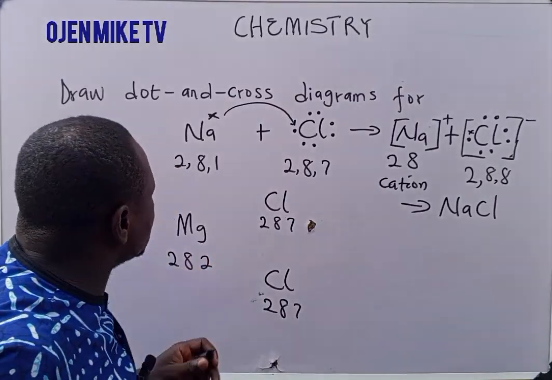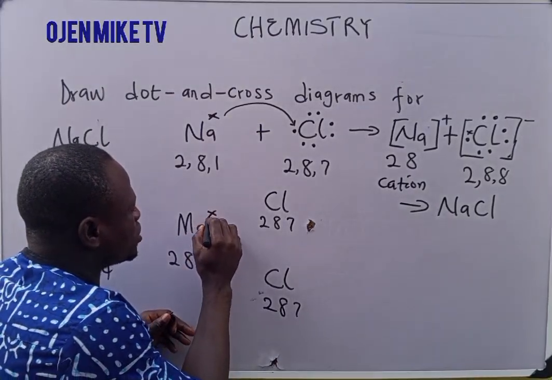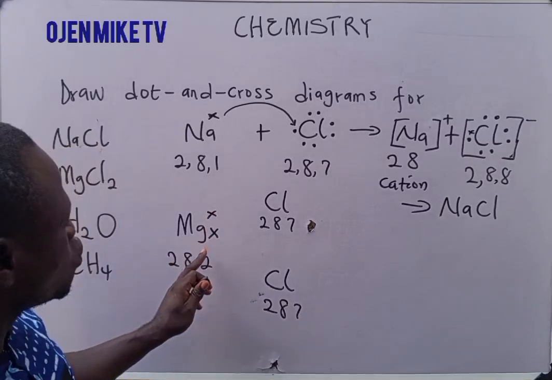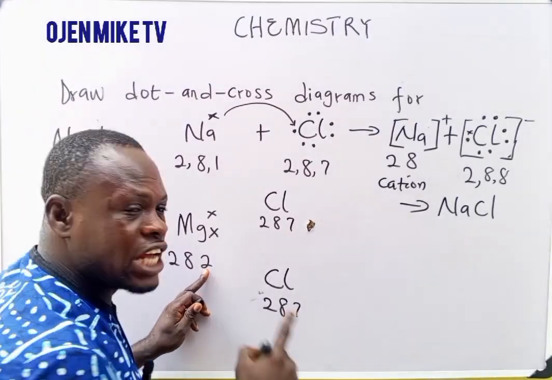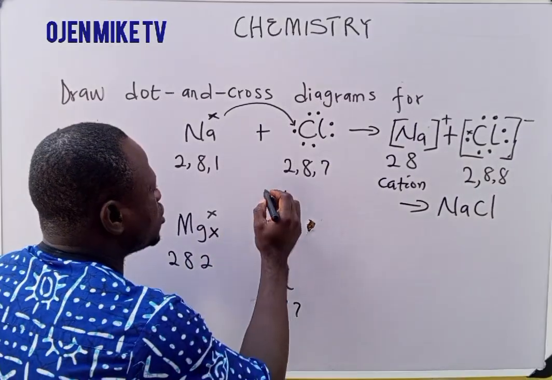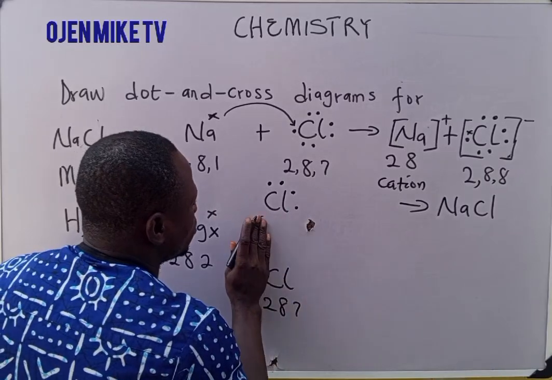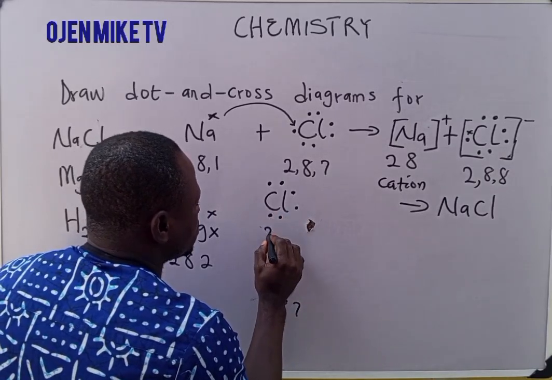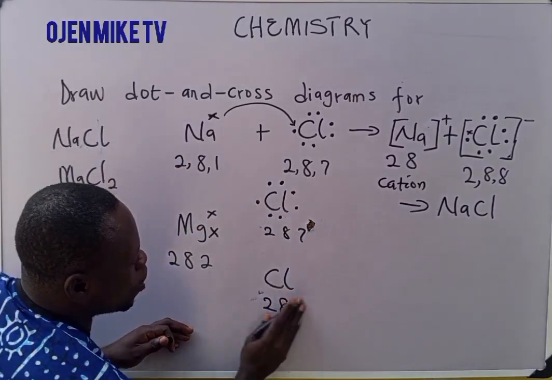Now this magnesium has 2 electrons in its valence shell. Look at 2, 8, 2. The valence shell of magnesium here is 2. Now on the other hand, this chlorine will have 2, 8, 7, and 1 more needed.